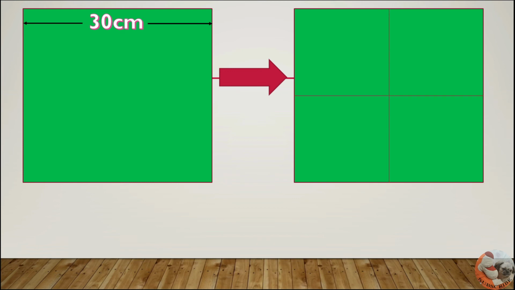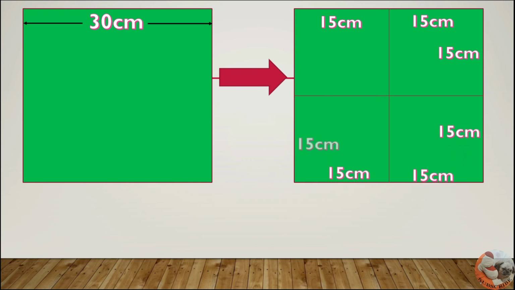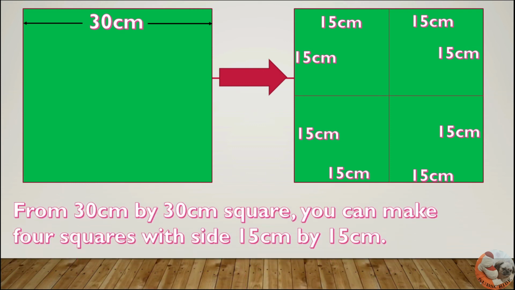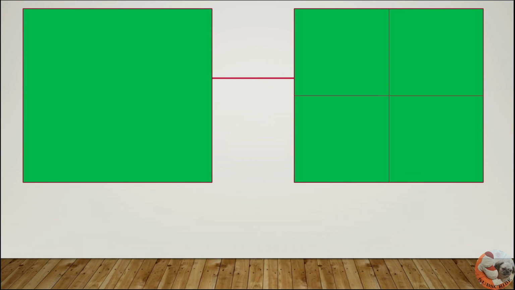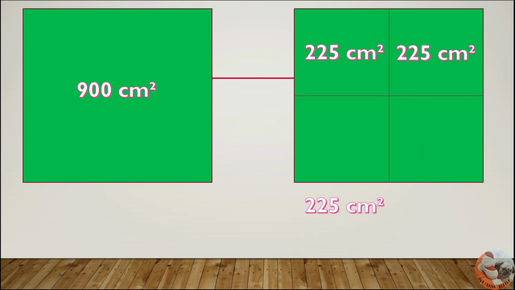Then we have 4 squares whose sides are equal to 15 centimeters. From the 30 by 30 centimeter square, you can make 4 squares with side 15 by 15 centimeters. The area of the square on the left is equal to 900 square centimeters. The area of each square at the right is equal to 225 square centimeters.